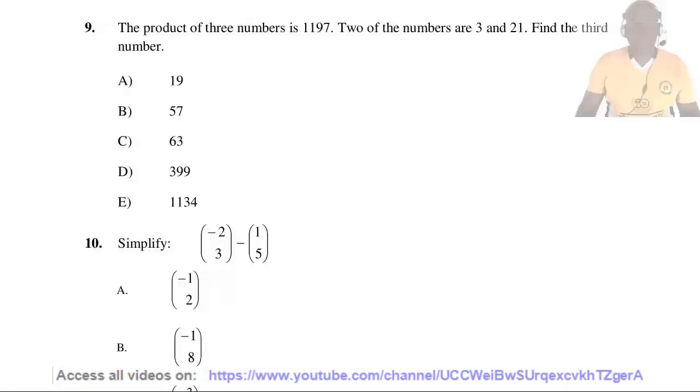Question 9. The product of 3 numbers is 1197. 2 of the numbers are 3 and 21. Find the third number. Product means multiplication. So 3 times 21 times the third number, that is x, should be equal to 1197.